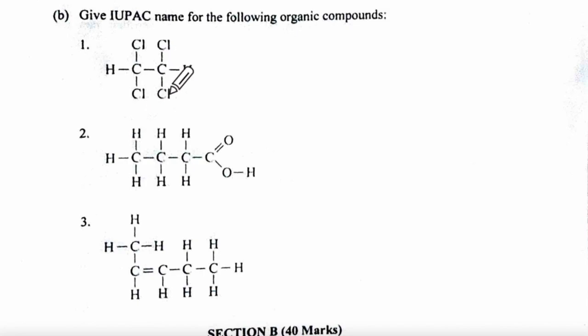And it has got 4 chlorines, 2 for the first carbon, 2 for the second carbon. So the answer for this will be 1,1,2,2. 2 chlorines on the first carbon, 2 chlorines on the second carbon, and tetrachloroethane.